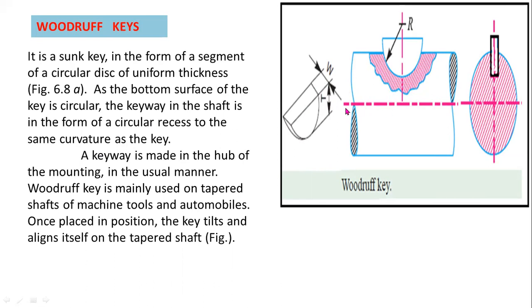As the bottom surface of the key is circular, the keyway in the shaft is in the form of circular recess of the same curvature as the key. A keyway is made in the hub of the mounting in the usual manner. The Woodruff key is mainly used on tapered shafts of machine tools and automobiles. Once placed in position, the key tilts and aligns itself on the tapered shaft.